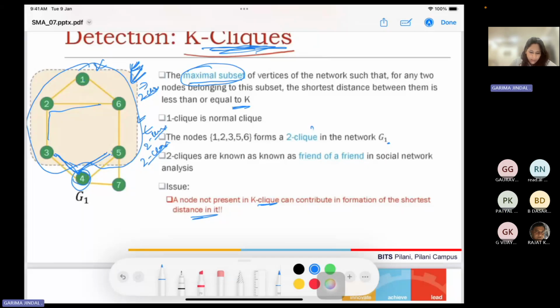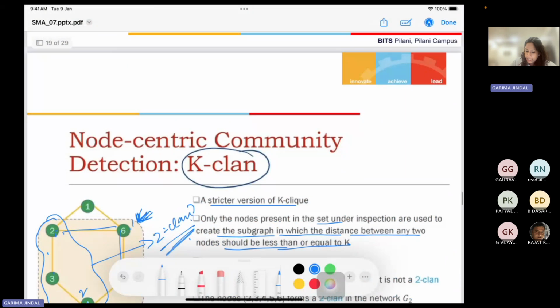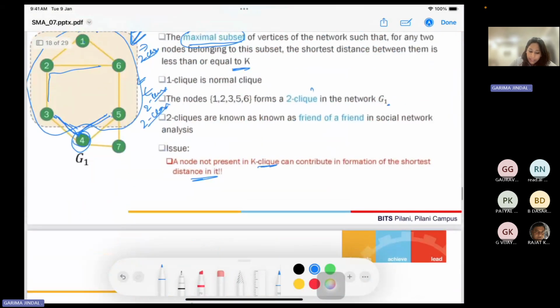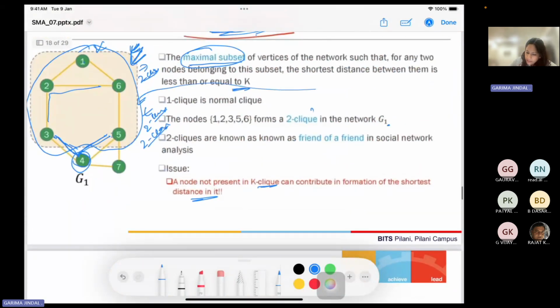Okay, so whenever we are checking clan, we check the induced subgraph. So what is the induced subgraph for this? The induced subgraph is 2, 6, 3, 5, and 1. Now all the shortest paths I have to calculate only from this subgraph.